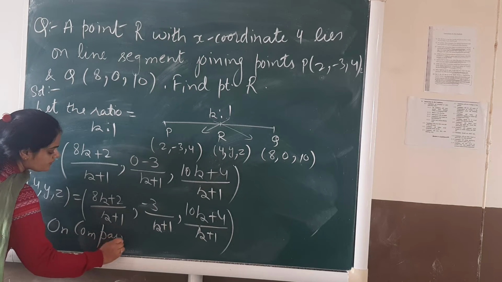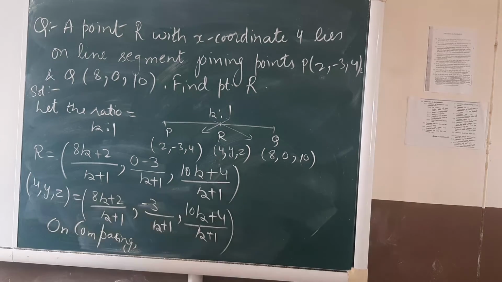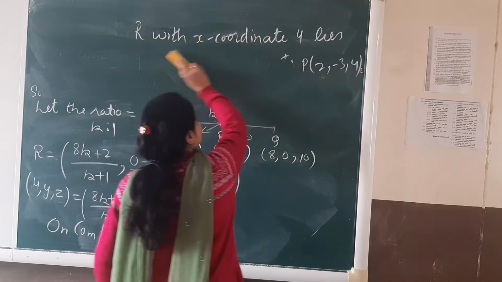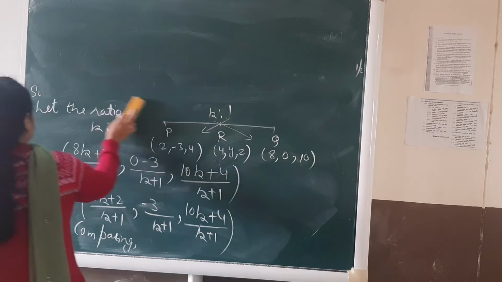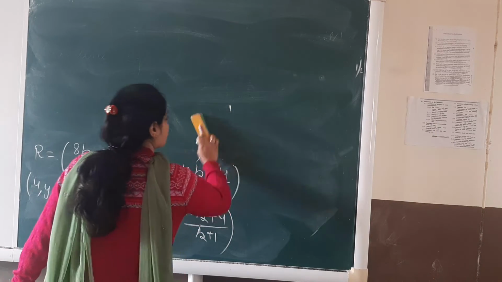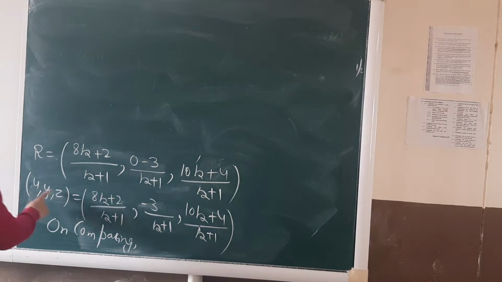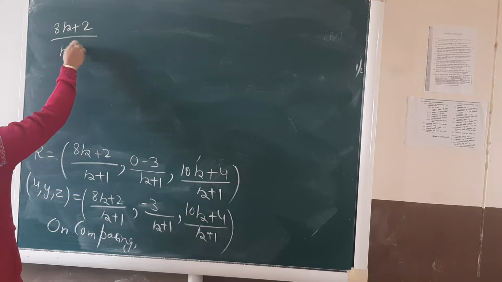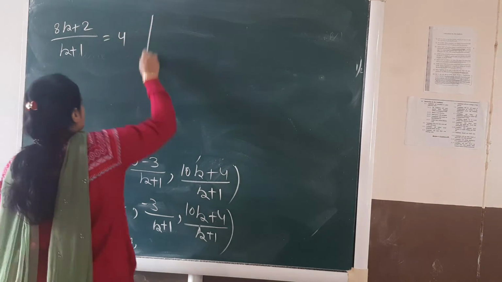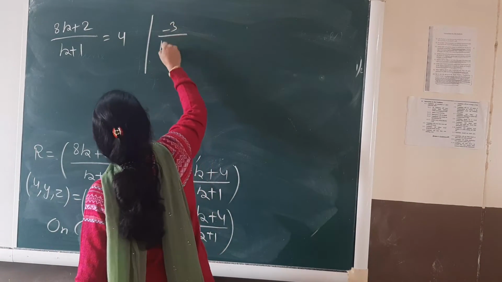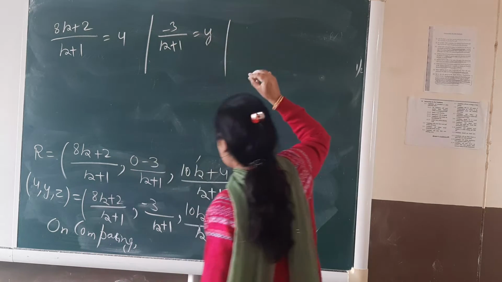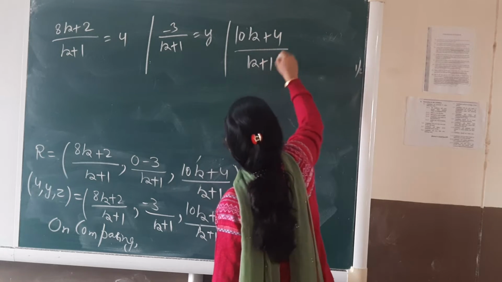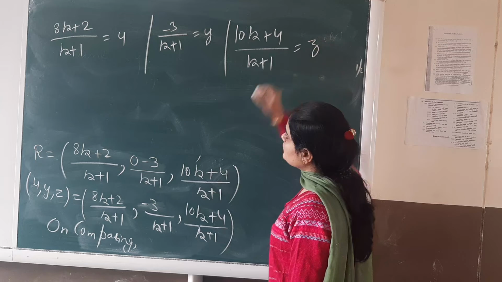On comparing, 8k plus 2 upon k plus 1 equals 4, and then minus 3 upon k plus 1 equals y, and 10k plus 4 upon k plus 1 is equal to z.